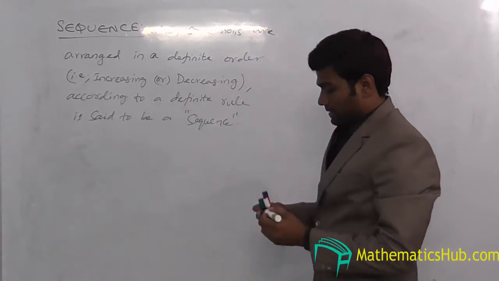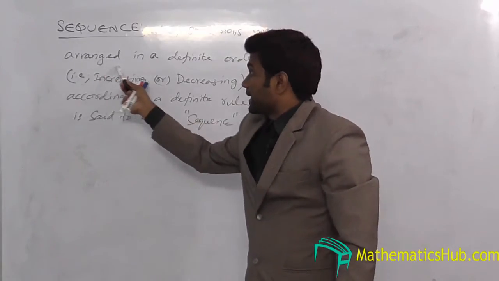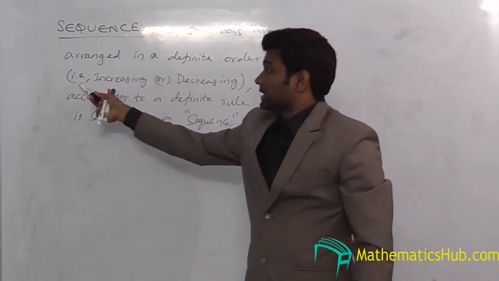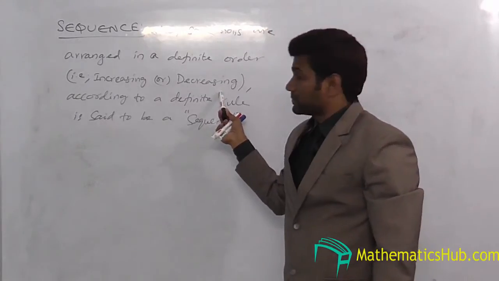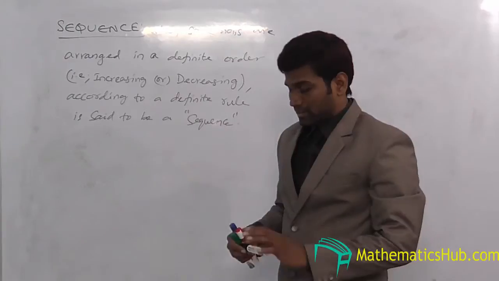So what is a sequence? When some numbers are arranged in a definite order, that is increasing or decreasing according to a definite rule, it is said to be a sequence.